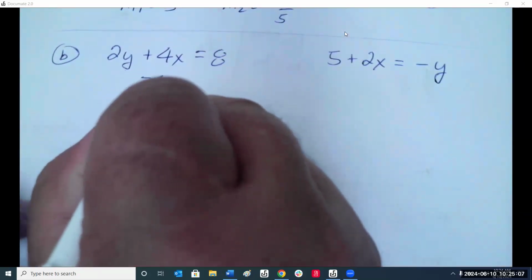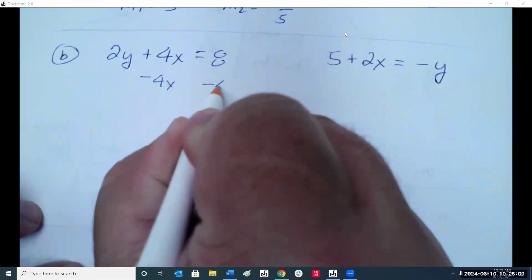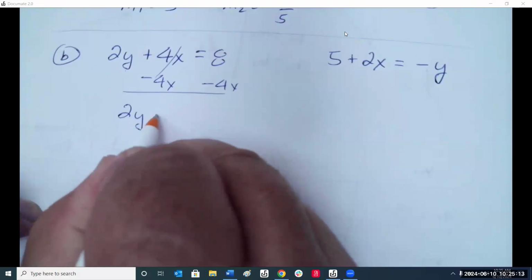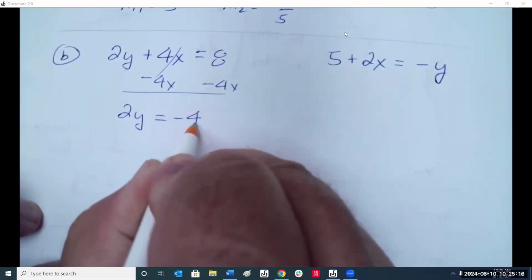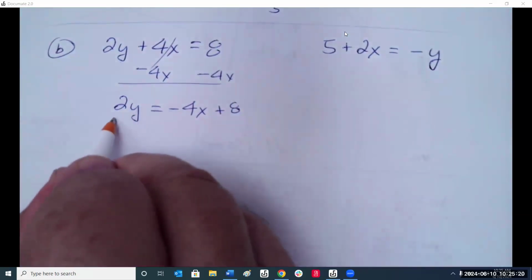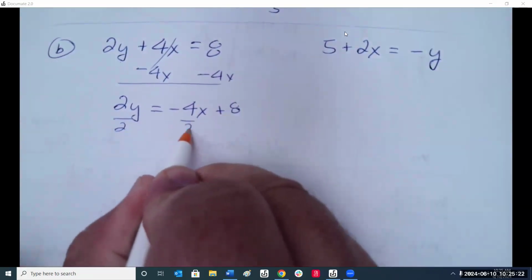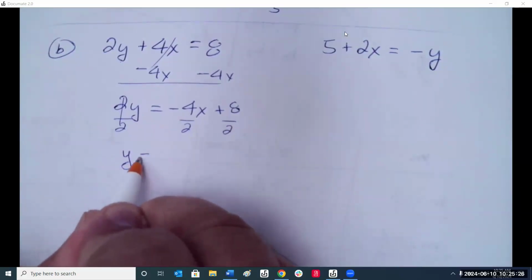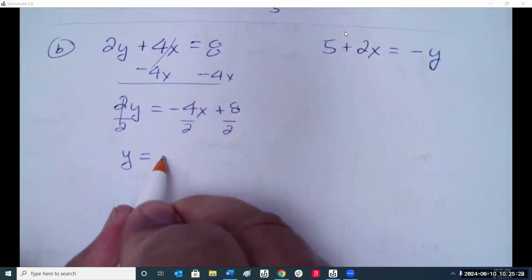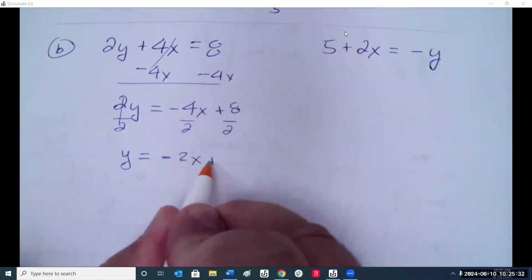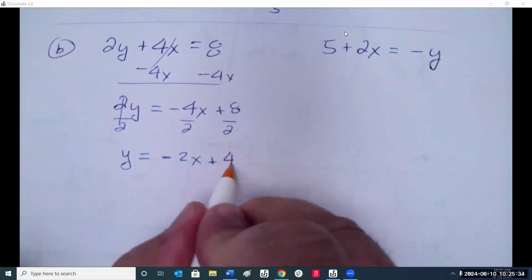We subtract 4x from both sides. 2y equals negative 4x plus 8. Divide by 2. Get the y by itself. So negative 4 divided by 2 is negative 2. 8 divided by 2 is 4.